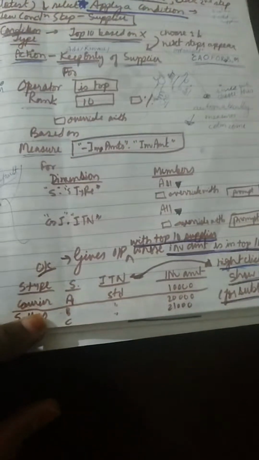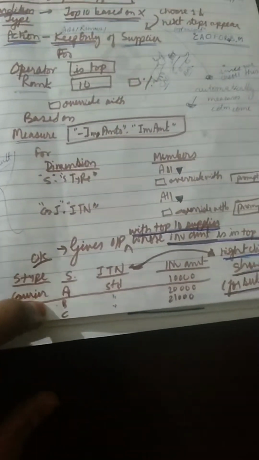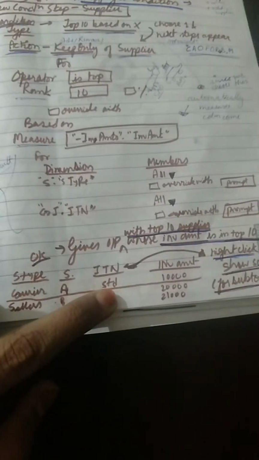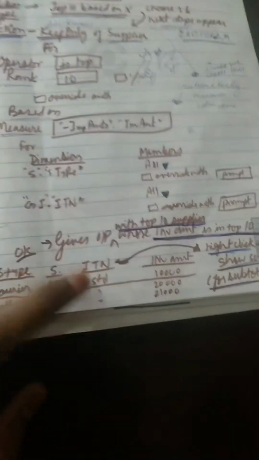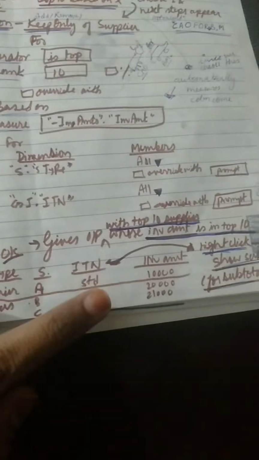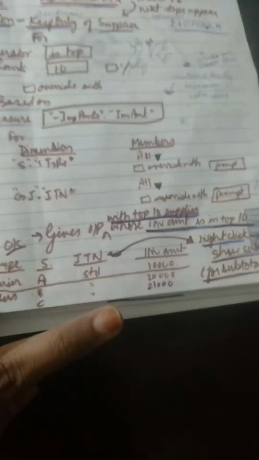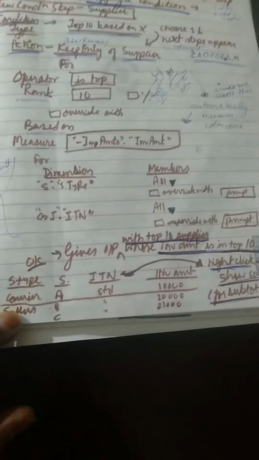But the subtotal will be done for the courier supplier type, not on the standard one. But if you take invoice type name, then for each invoice type name the subtotal will be shown.